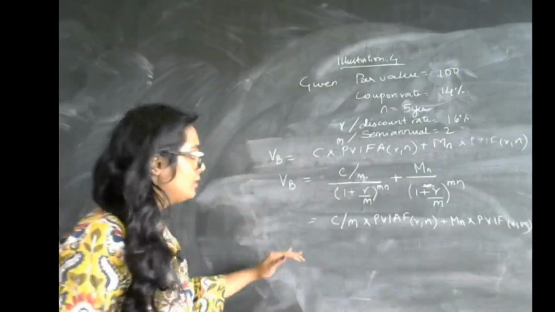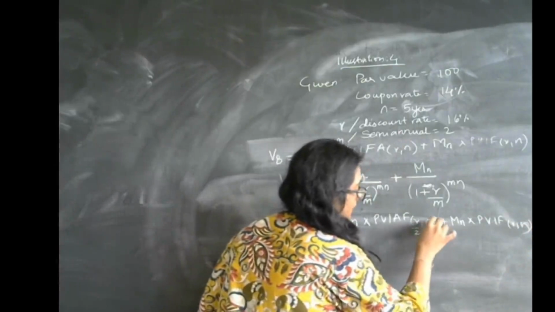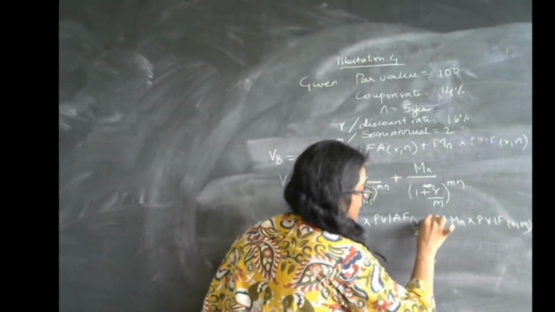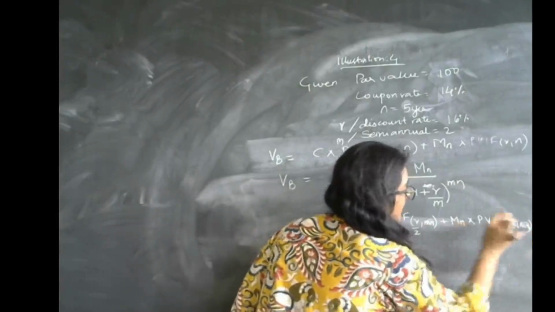You can do this, but over here it is going to be R divided by 2, and this is going to be Mn.